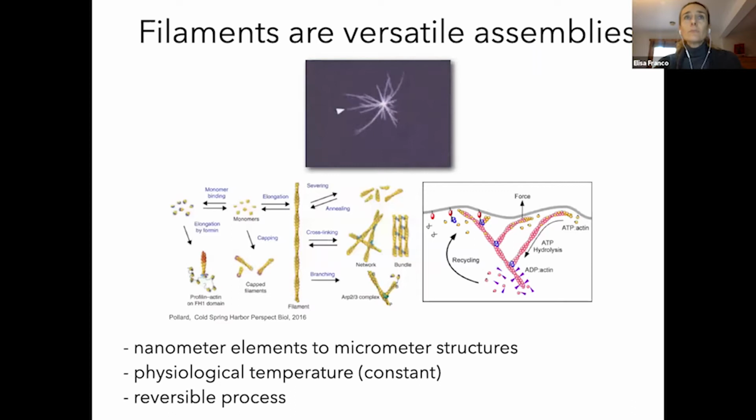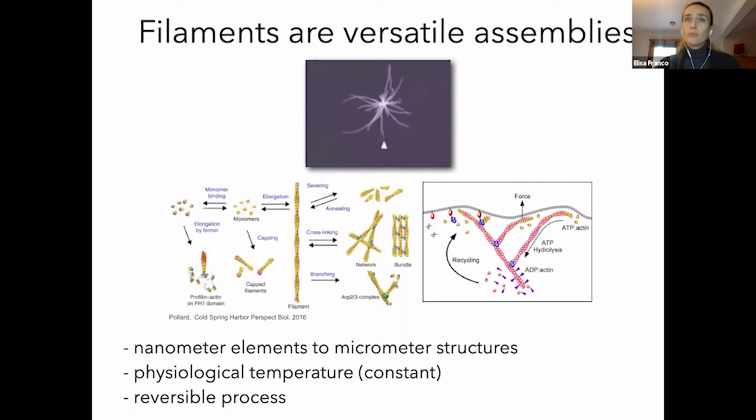Why? Well, if you think about it, they are very simple architectures, very simple assemblies. You have a few types of monomers that, by controlling how they react between each other and with some organizing proteins, you achieve a very broad variety of assemblies.